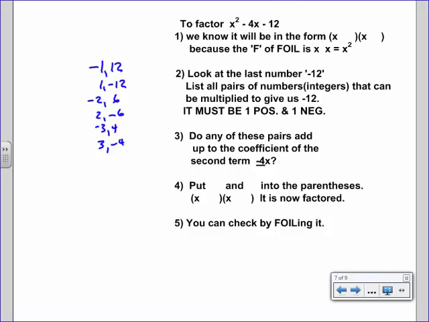Those are all the factors that when multiplied will give us negative 12. So we just have to find the ones that when we add the two together give us the negative 4.